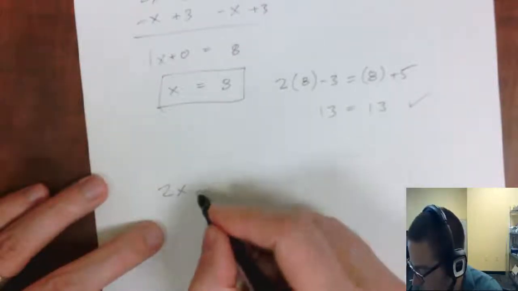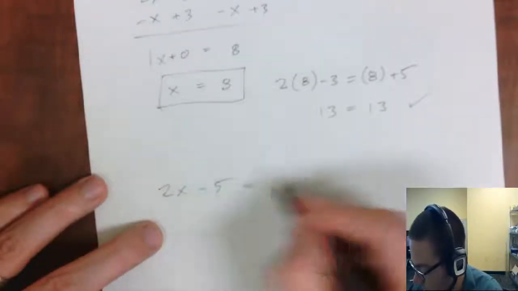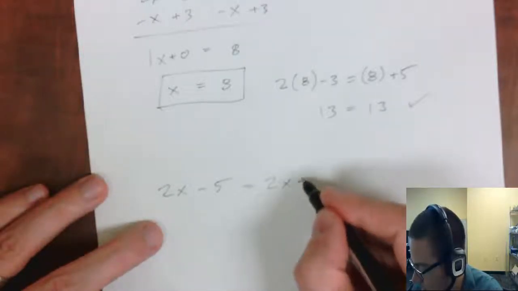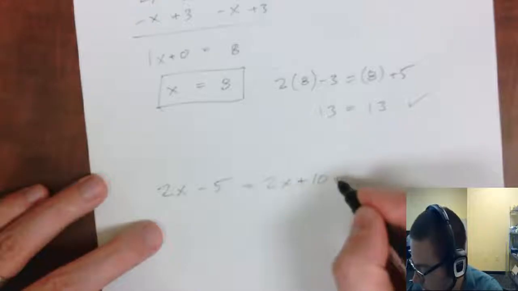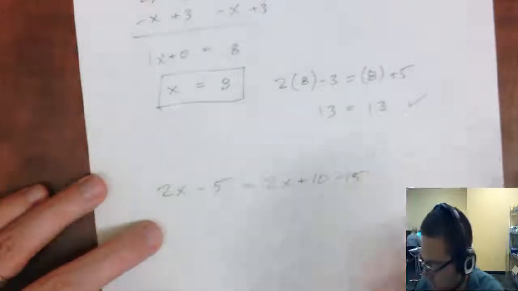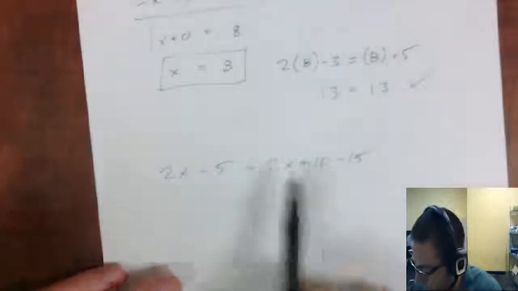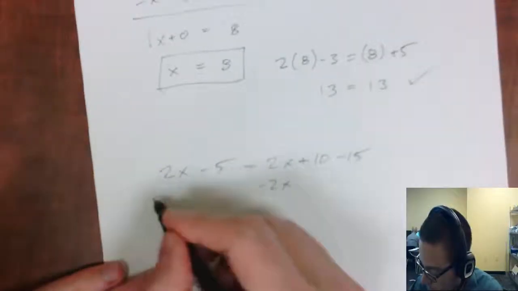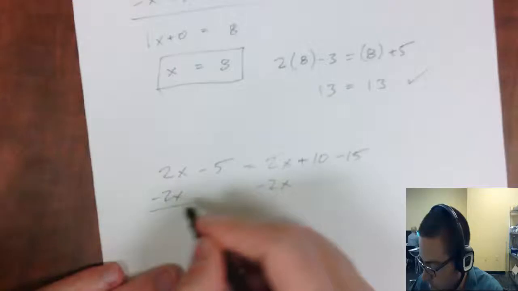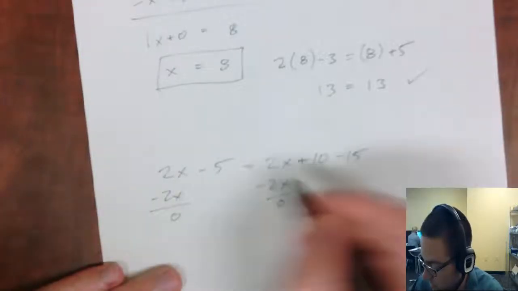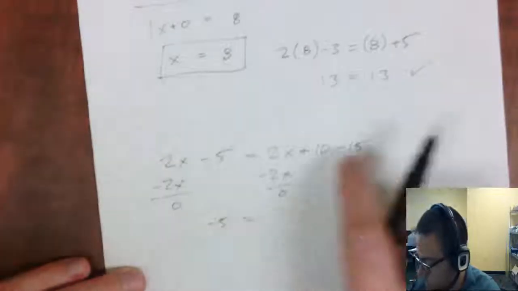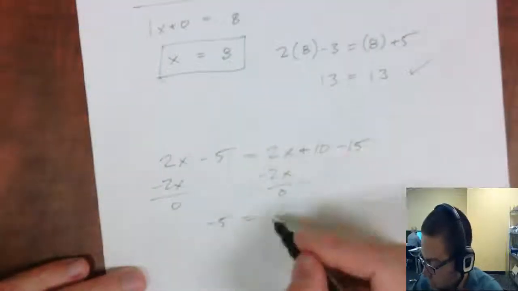So maybe it's 2x minus 5 equals 2x plus 10 minus 15, right? So if I subtract 2x from both sides, the x's go away, right? This is 0, and this is 0, so I have no more x's in the problem, and this would be negative 5 equals 15, or 10 minus 15 would be negative 5.